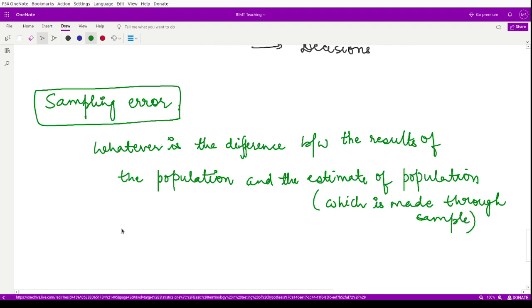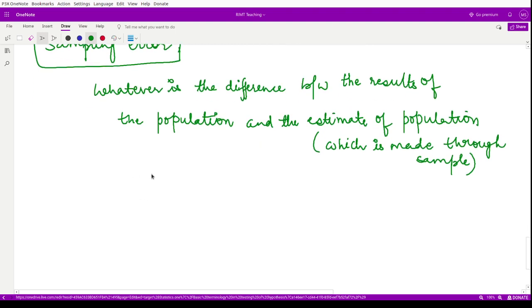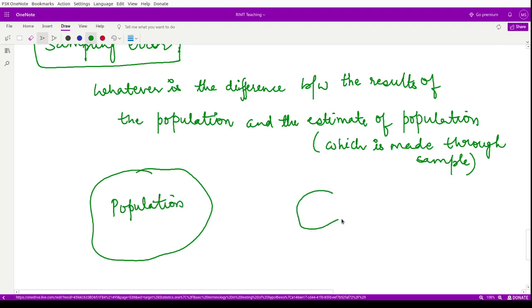So basically, this is the given population. There is a sample. In most real cases, this population is not available to you directly. In fact, you only have access to the sample.